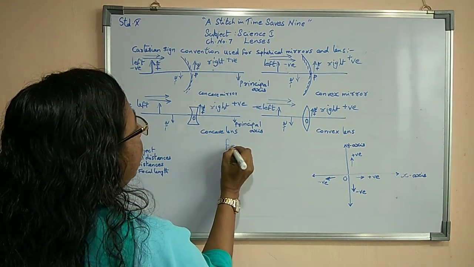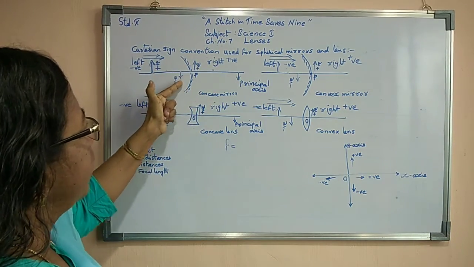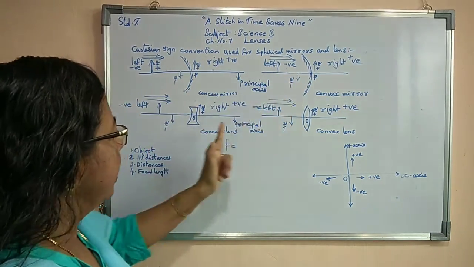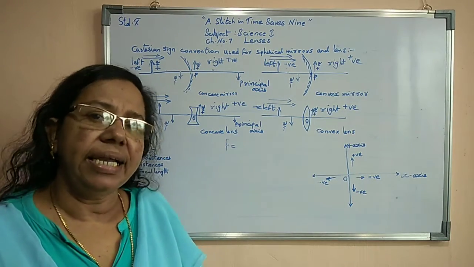Focal length of, this is a concave mirror, this is a convex mirror, this is a concave lens, and this is a convex lens.